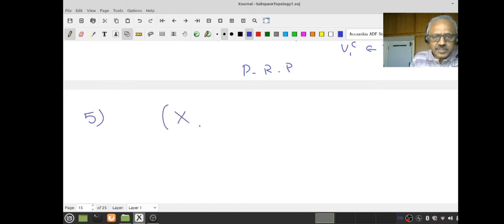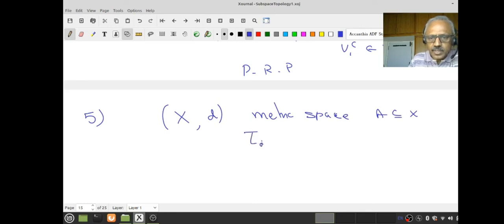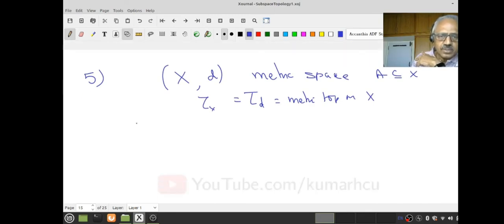Suppose (X, d) is a metric space and A is a subset of X. Then let tau be the metric topology on X. Let me just call it tau X. So tau X is a topology on X, which is the metric topology.